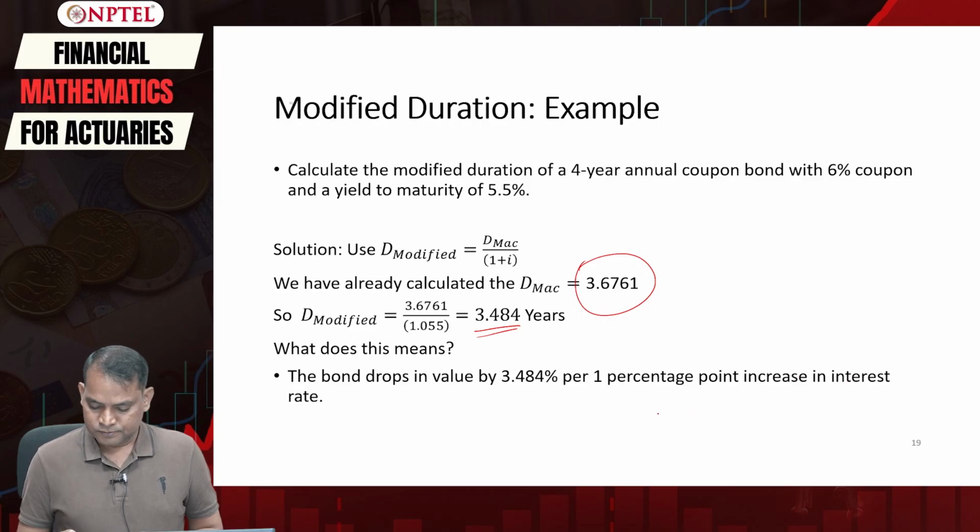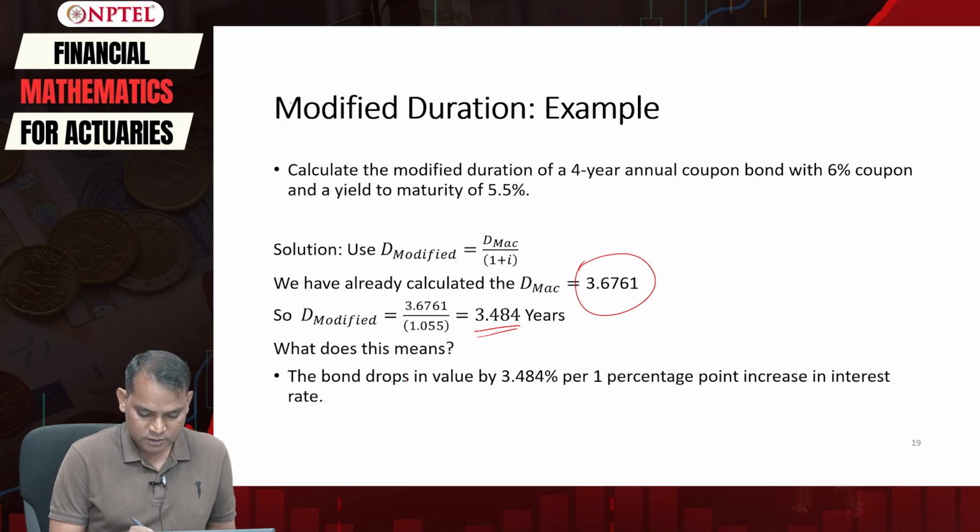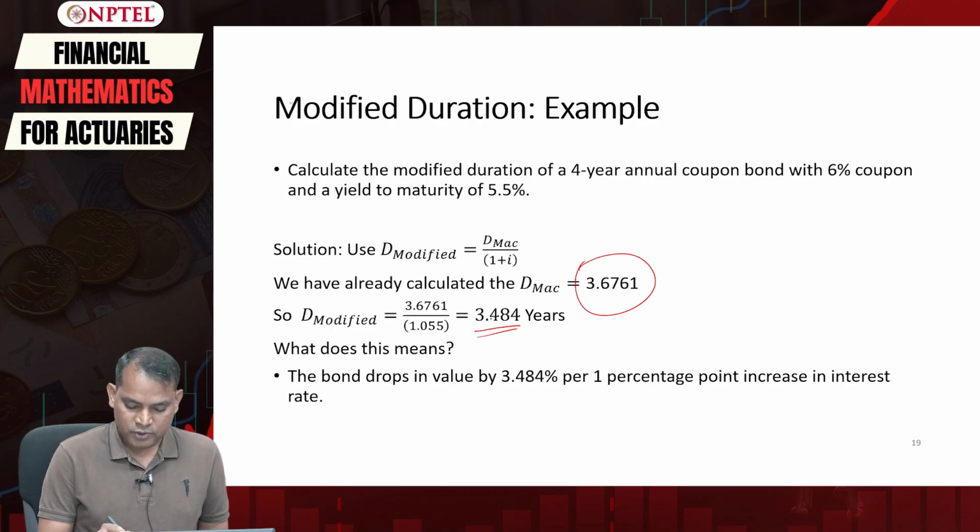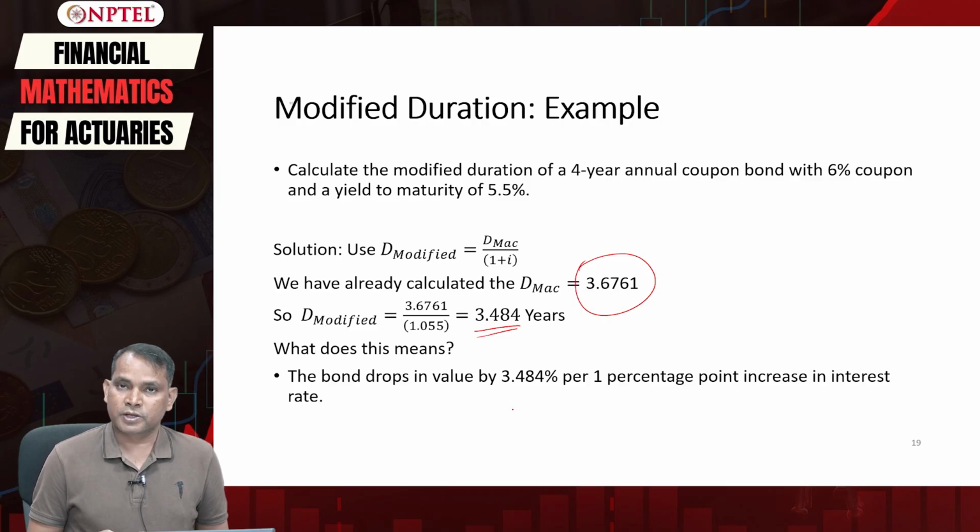Please try to understand this statement: whenever you get a modified duration value like 3.484, because there is an inverse relationship between the bond price and the yield, an increase in the interest rate will reduce the bond price.